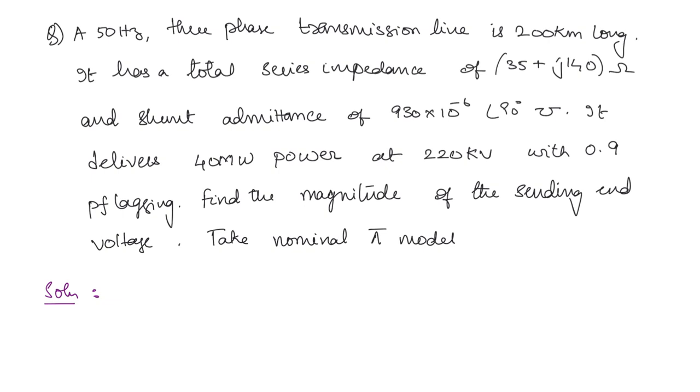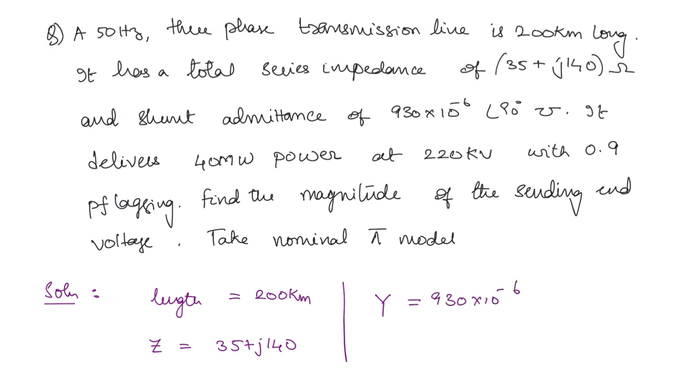Now first we will write down the information that is given. First one is the length of the line, given to be 200 kilometers, and next the series impedance, given as 35 plus j140. Next you have the shunt admittance 930 into 10 to the power minus 6, and the receiving end active power is given as 40 megawatts.